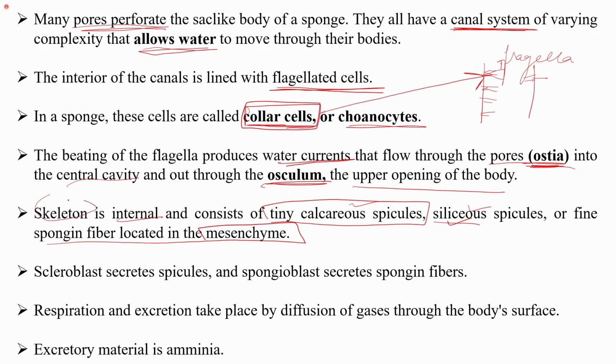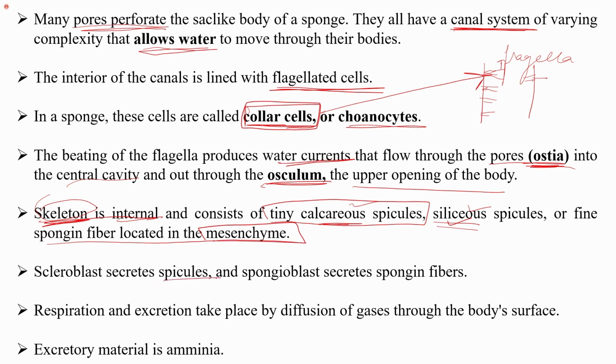These spicules provide support to the body. So the skeleton is internal, and it consists of calcareous or siliceous spicules or fine spongin fibers located in the mesenchyme.